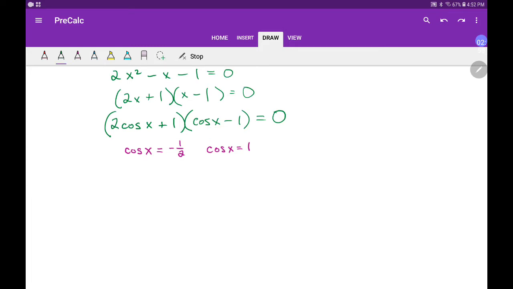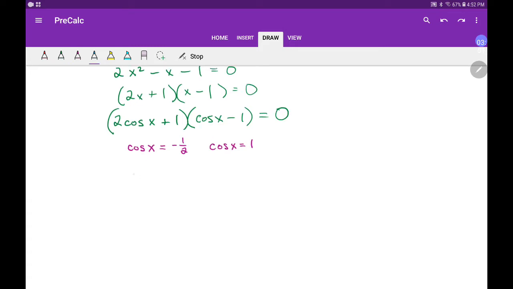Now let's see, I'm going to run with those. When is cosine x equal to negative 1/2? Well, I guess I'll draw coordinate axes here, and I'll put it in the second quadrant because I know it's at least negative there. And I'll say 1 is the adjacent and 2 is over here, so I'm pretty sure that the square root of 3 is over here.